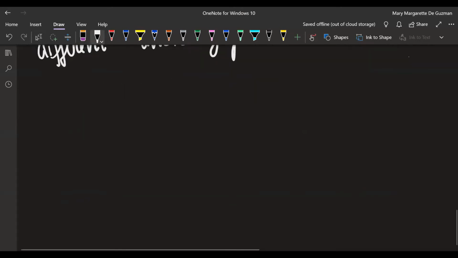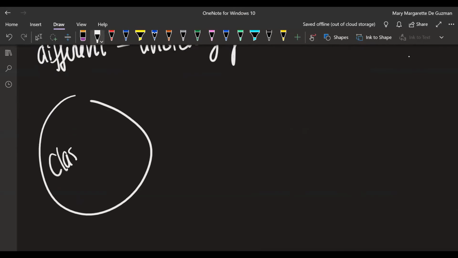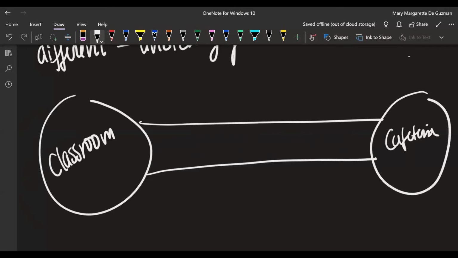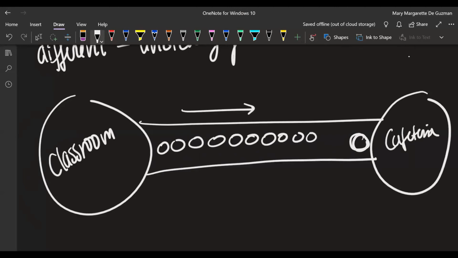Now let's take that classroom. Let's say there's another narrow hallway again, and this is the cafeteria. And let's say we are all heading to the cafeteria again, right? Somehow in this direction. But then there is another person going this way.